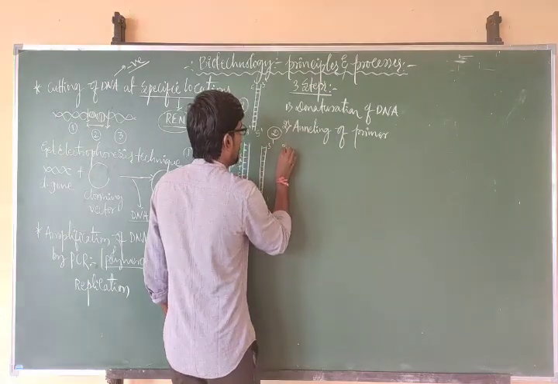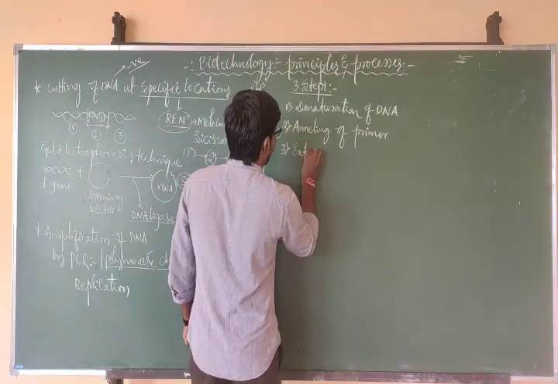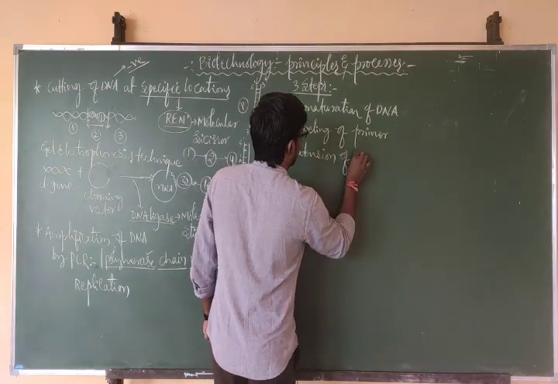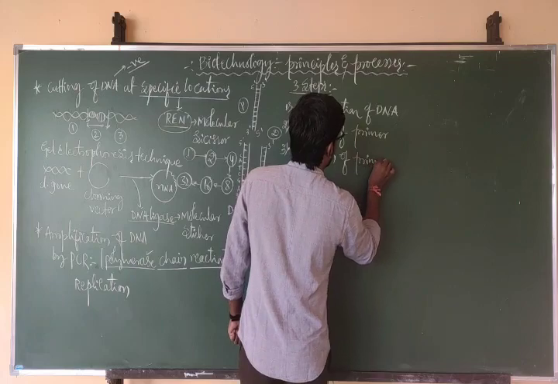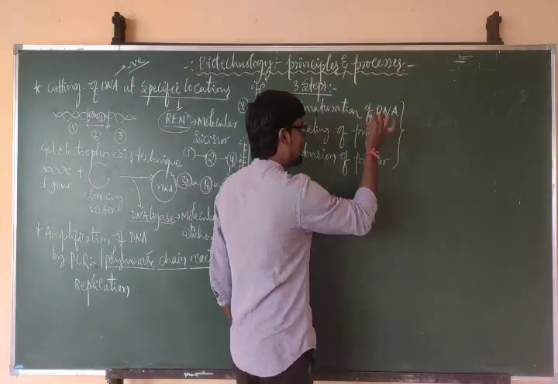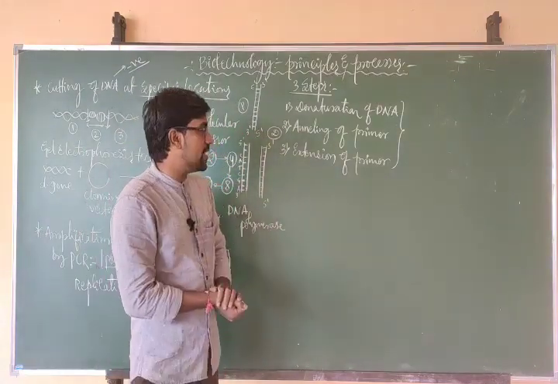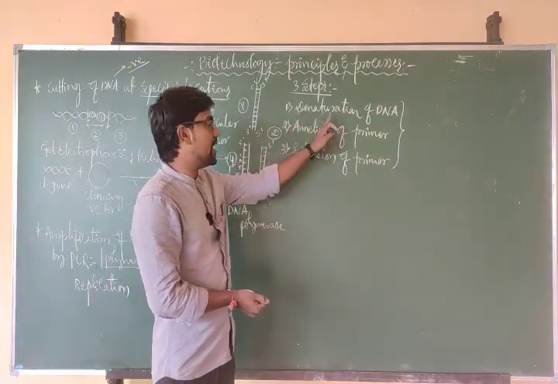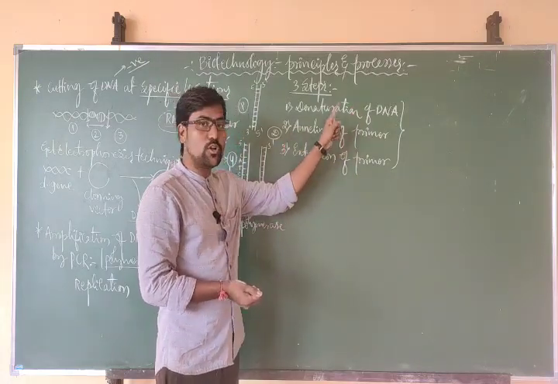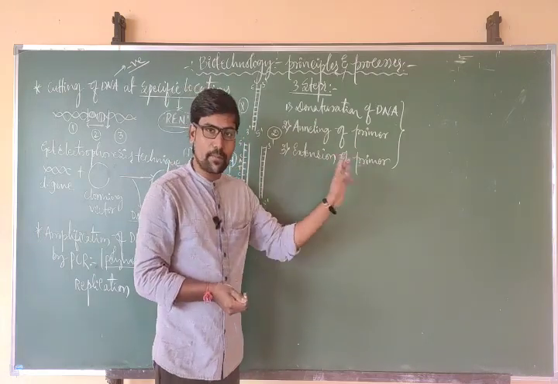And the third step is extension of primer. So we have 3 steps of PCR. That means a doubling of DNA. What is the first step? Denaturation of DNA. Second step, annealing of primer. And the third step is extension of primer.